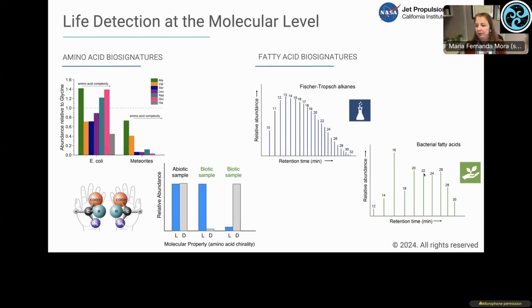So then you have these distributions. And in biology, we create the fatty acids by adding 2 carbons at a time. So you tend to see more of the even numbers of carbons in the fatty acids compared to the abiotic example.